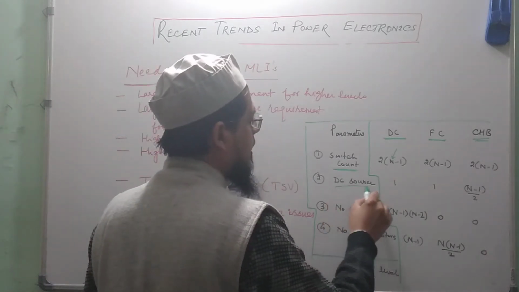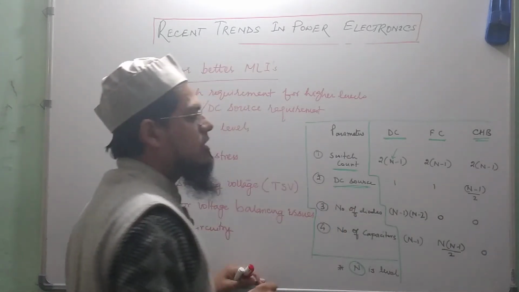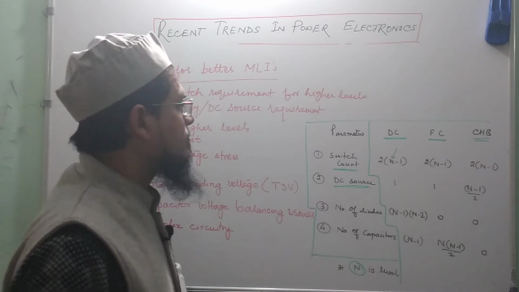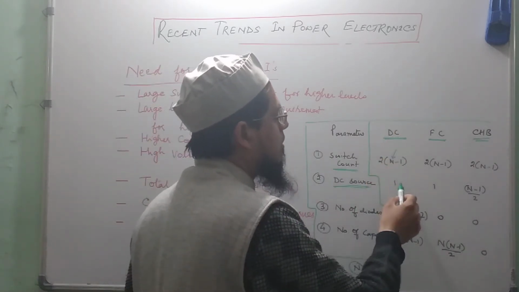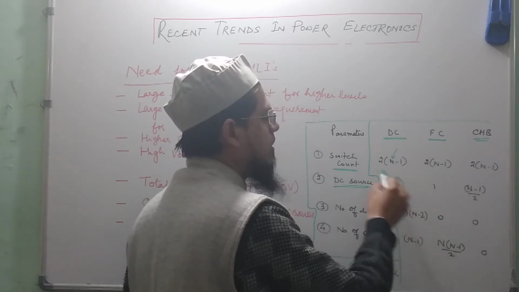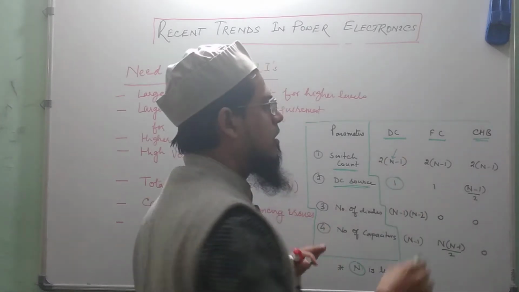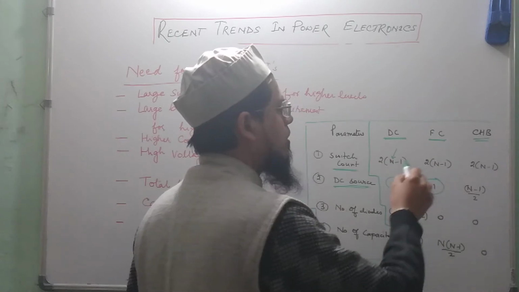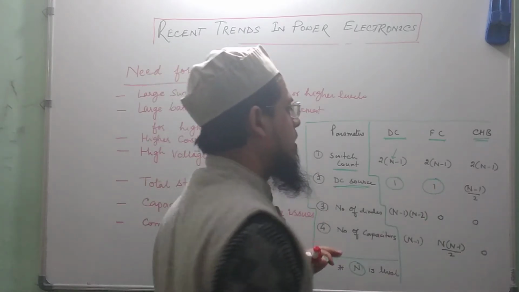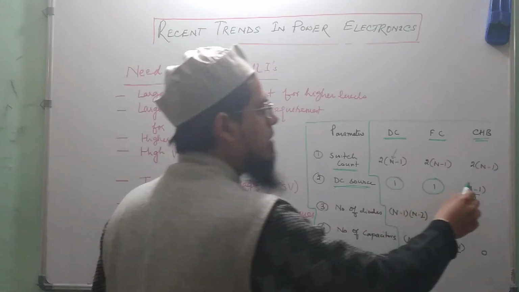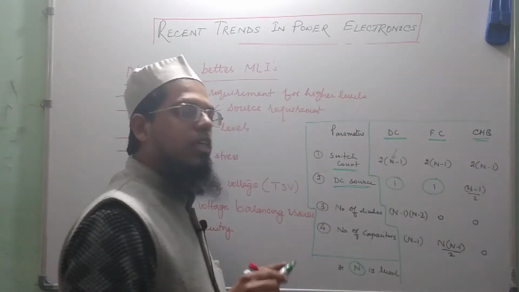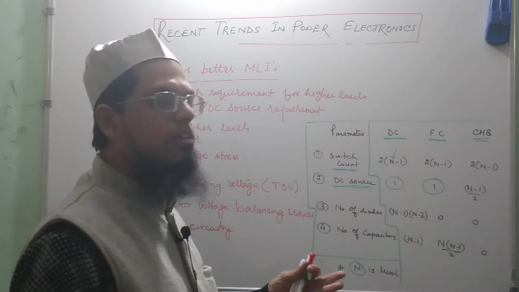Now take the second parameter, which is the DC source requirement. The DC source in a diode clamped multi-level inverter is only one. In flying capacitor also we require only a single DC power supply, but in cascaded H-bridge we require (n-1)/2 DC sources, where n is again the number of levels.